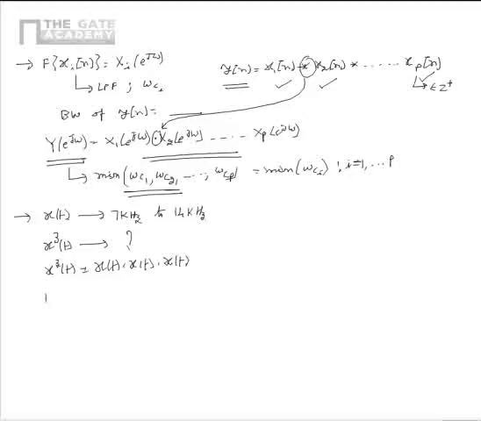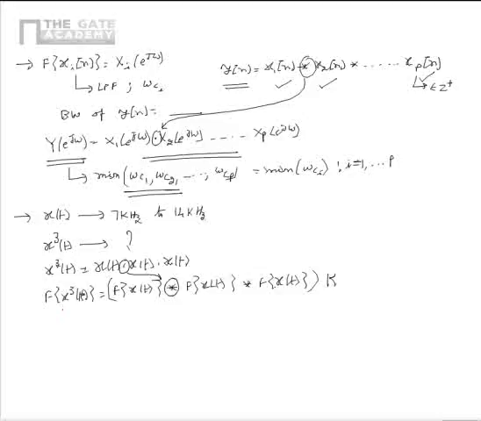So from this we can write that Fourier transform of x cube of t is equal to Fourier transform of x of t convolved with Fourier transform of x of t convolved with Fourier transform of x of t, of course along with the scaling factor. This is because of the case that multiplication in time domain is equivalent to convolution in frequency domain.